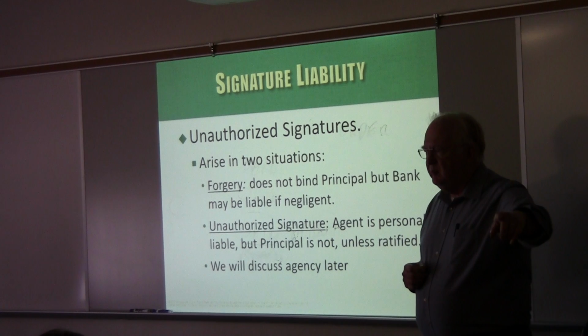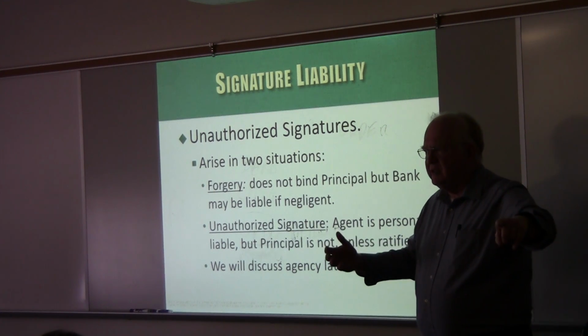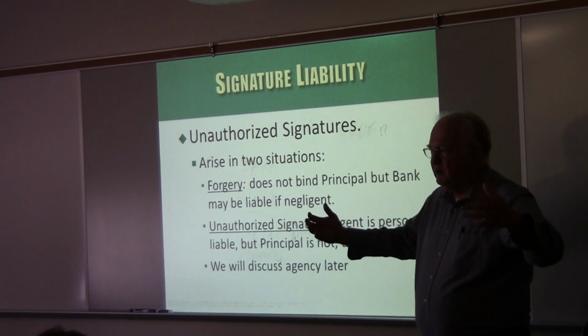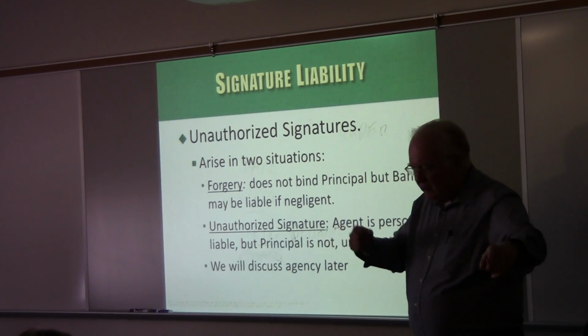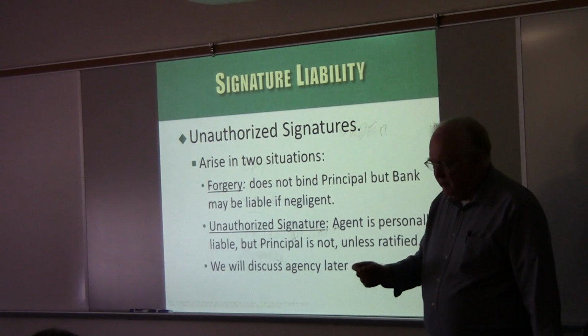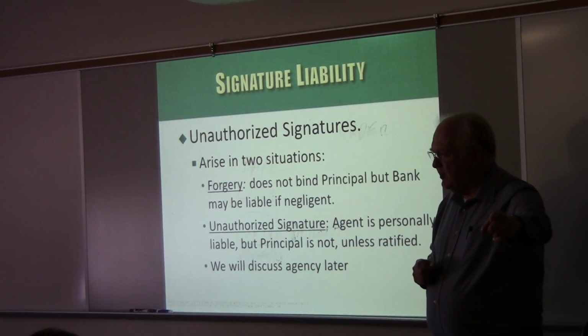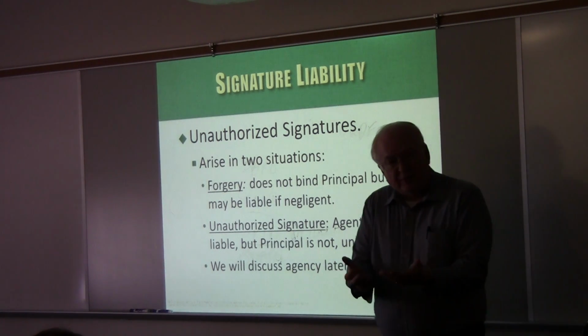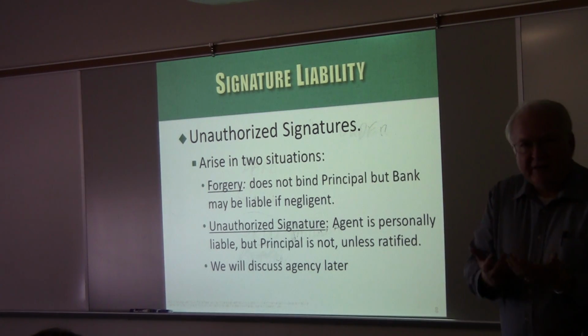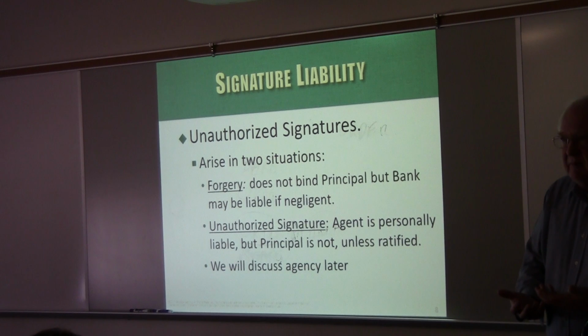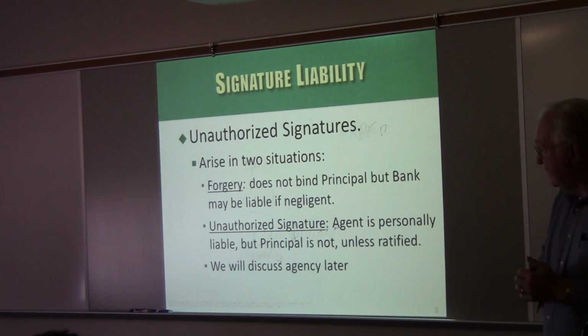So as a practical matter, they don't check every signature that comes in because they have no time. But if somebody steals your check and forges it, the bank's liable because they're negligent. So I think that's the price, and the fact that you don't check every signature, but maybe if it was for $10,000, maybe you would, I don't know.